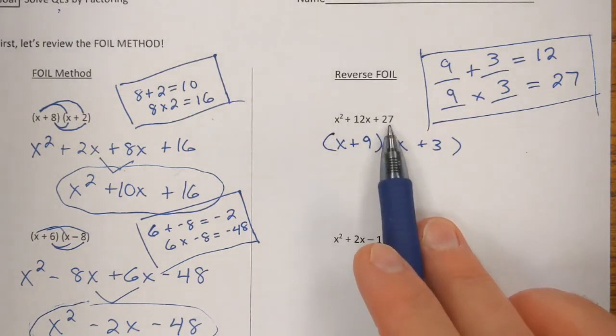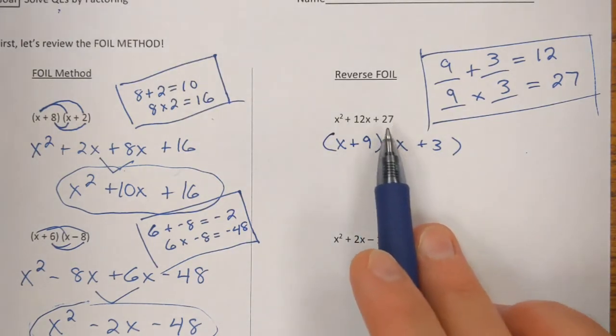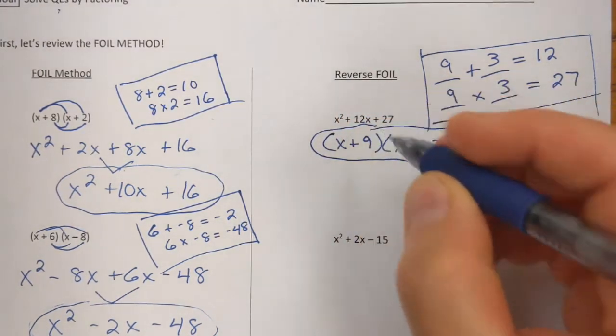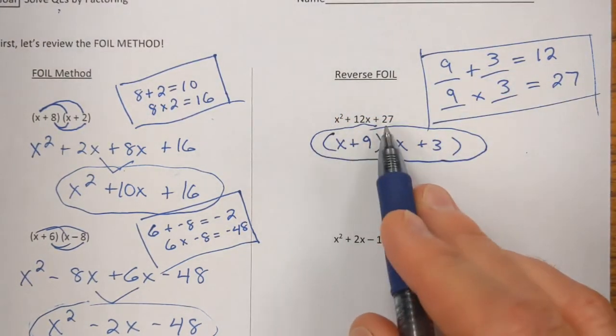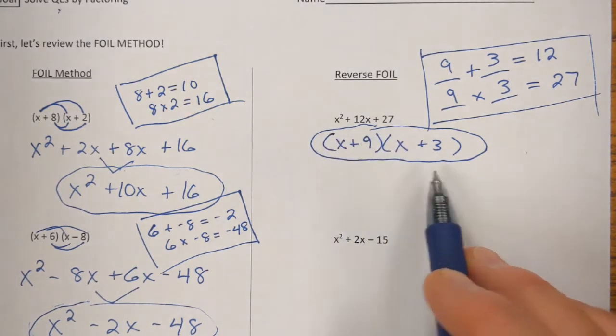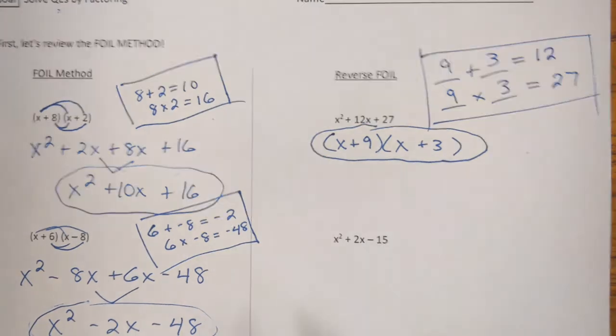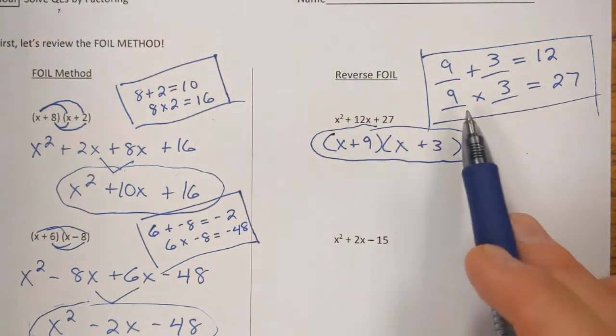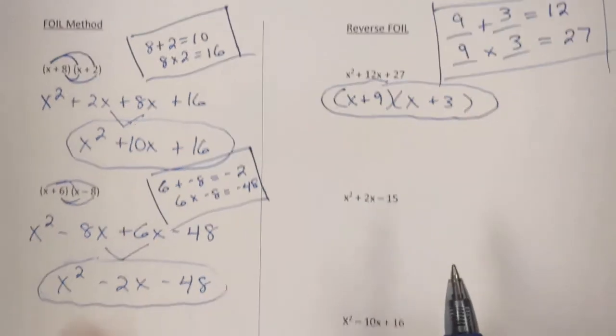And this 27 is going to be generated because I know when I do 9 times 3, I'm going to get 27. This quadratic trinomial, x squared plus 12x plus 27, can be factored into x plus 9 times x plus 3, because 9 plus 3 equals 12, and 9 times 3 equals 27.